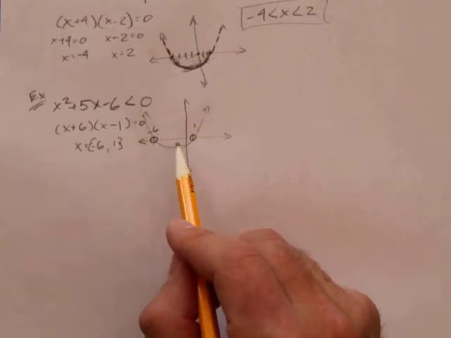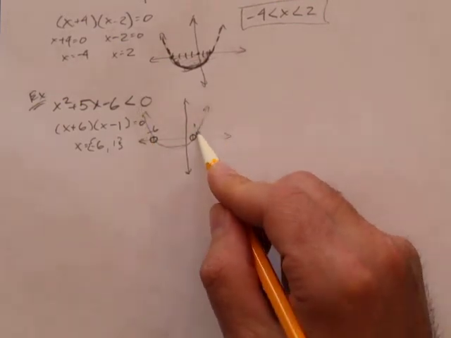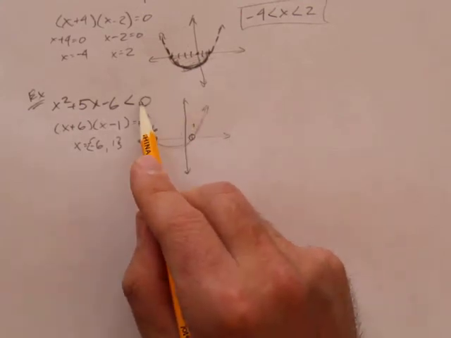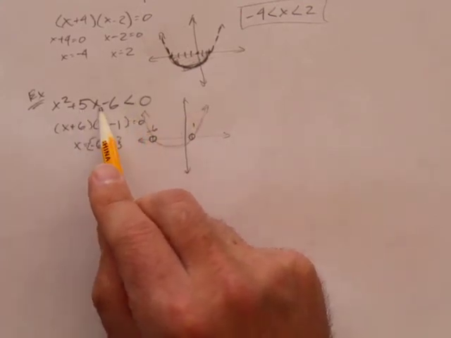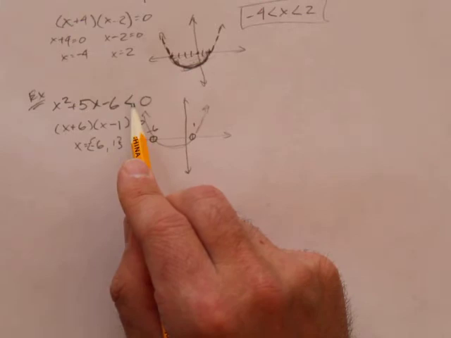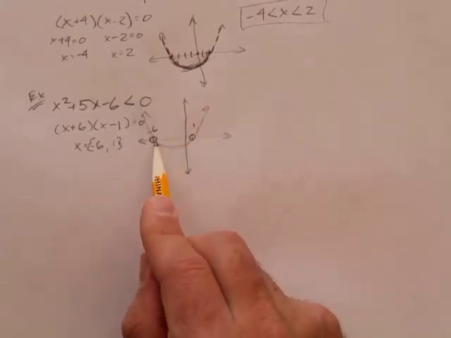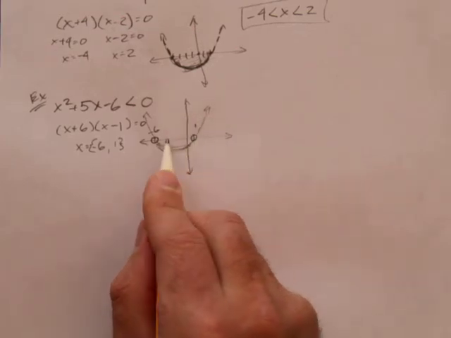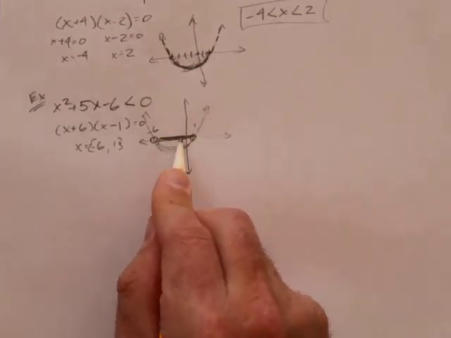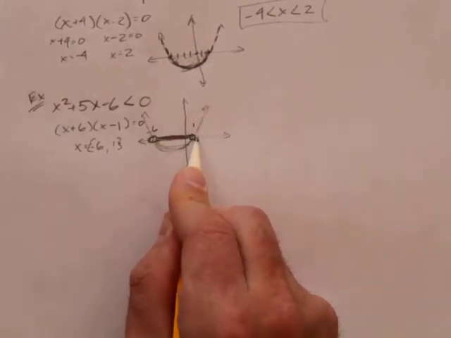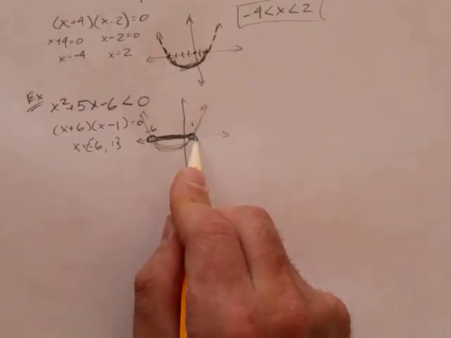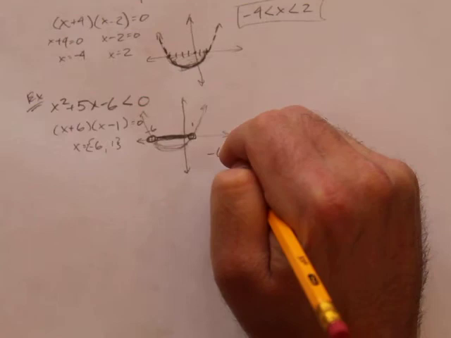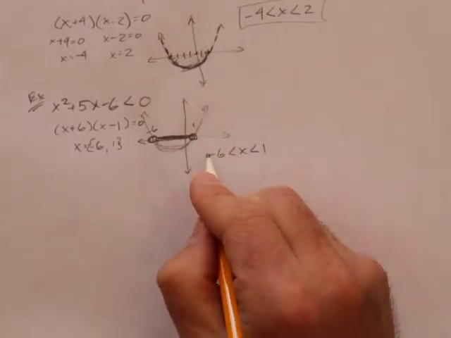And now I have to decide, are my arrows going to be over here or below? 0 is greater than this, or this is less than 0. So again, we're shading underneath here. If I was to draw this on a number line, I would shade negative 6 to 1. So I've got negative 6 is less than x is less than positive 1.